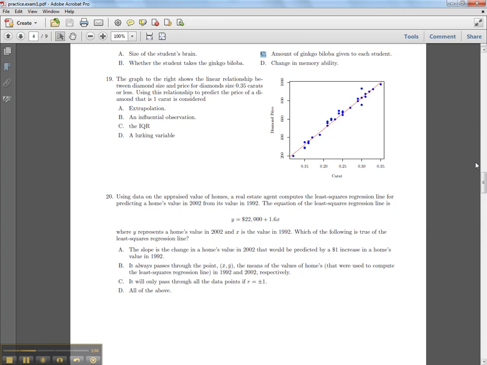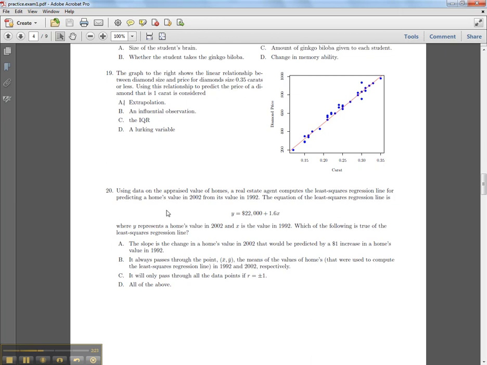And if it's this far, way outside our range of data, we know from the definition from chapter 5 that that's an extrapolation, and we don't do that because we don't know what happens to this line after 0.35. It could straighten out like this, or it could skyrocket up. So when we predict outside our range, it's called an extrapolation. So for 19, the answer is A.